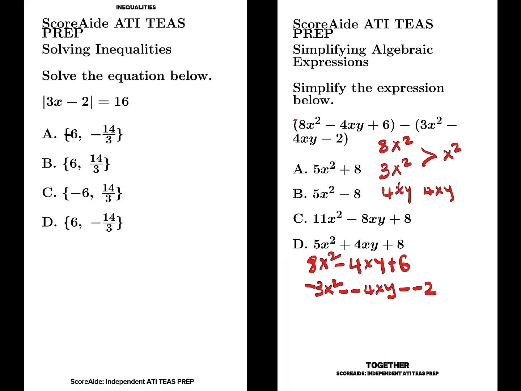We will now bring like terms together. So 8x squared would be closer to minus 3x squared.